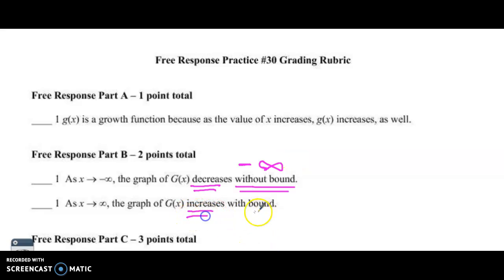And then if you're increasing with bound, that's basically saying we're going to a horizontal asymptote. So you don't have to write the answers the way the answer key is, and I just happen to look at this. So if you want to use this phrase, go ahead. I'm actually a bigger fan of using the infinity symbols than this phrase. So don't let that scare you either when you get to that assignment.